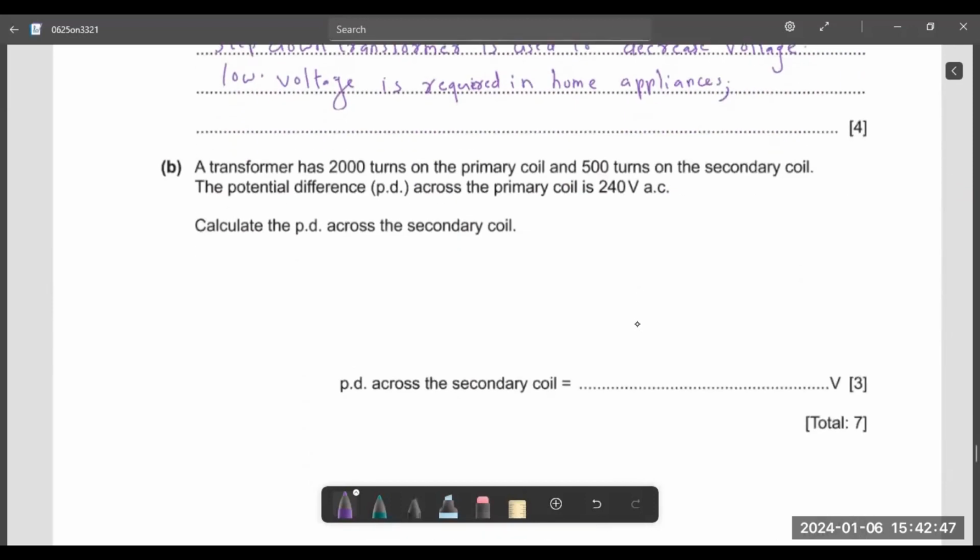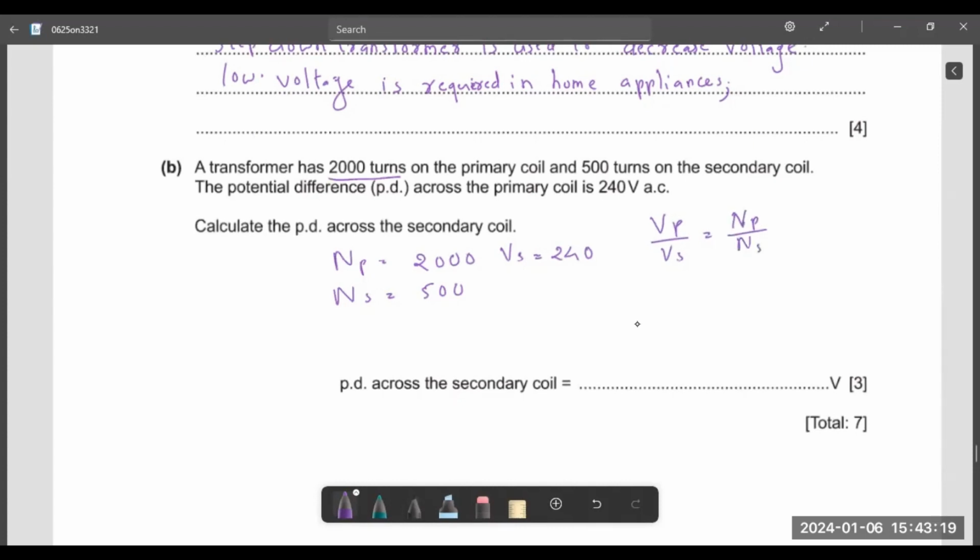Next, a transformer has 2000 turns in the primary, so the primary number of turns is 2000, and 500 turns in the secondary. And the potential difference in the primary is 240 volt. We need to find the potential difference in the secondary. So the transformer equation is Vp by Vs is equal to Np by Ns.